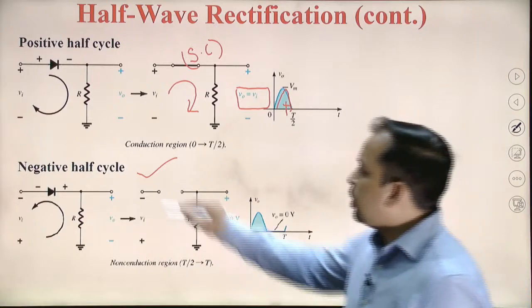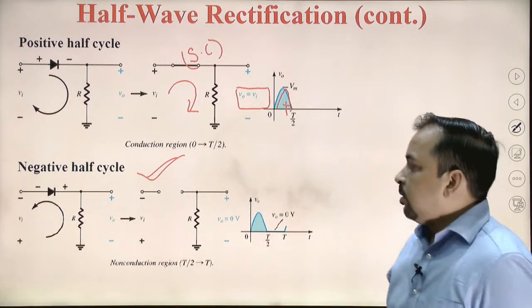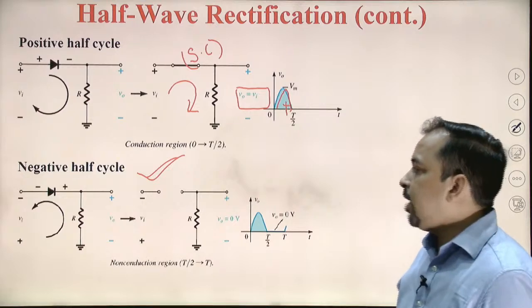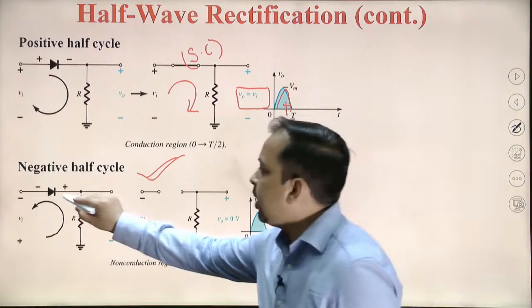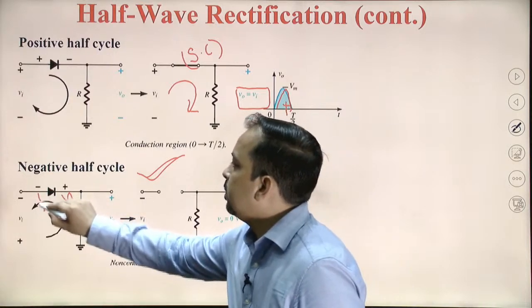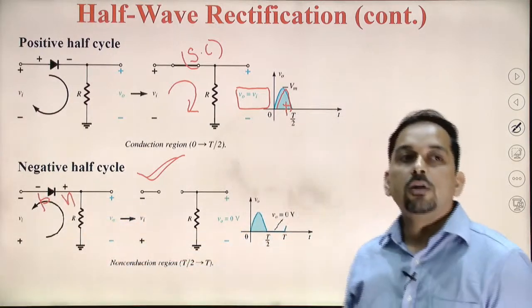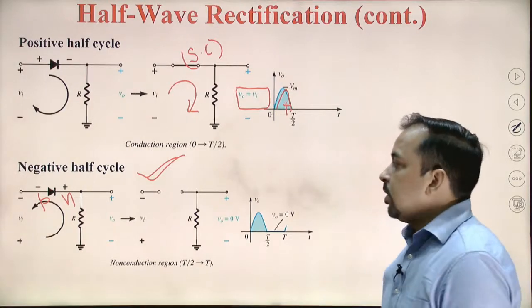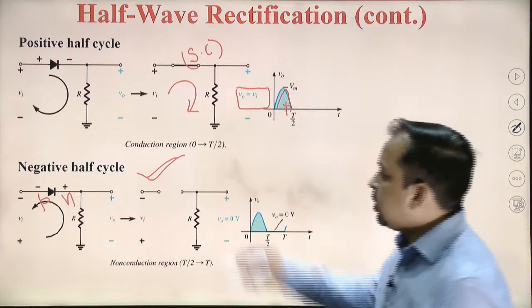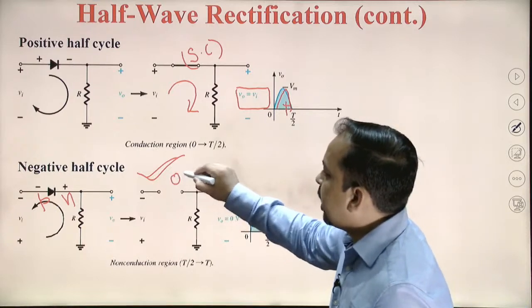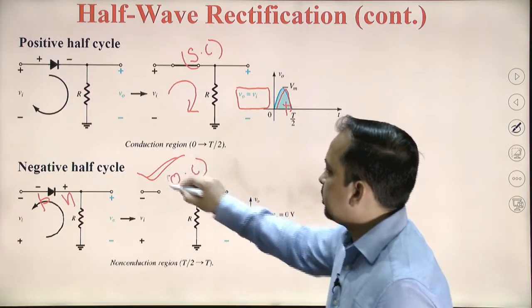Now what happens during the negative half cycle? The current will flow in the opposite direction, from N to P. The diode will not conduct, because it does not allow current to flow in the opposite direction. As a result, the diode is treated as an open circuit.